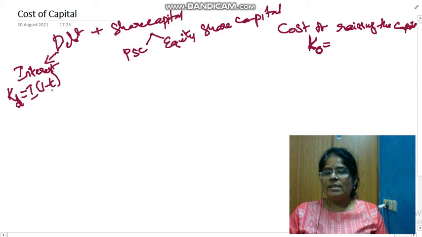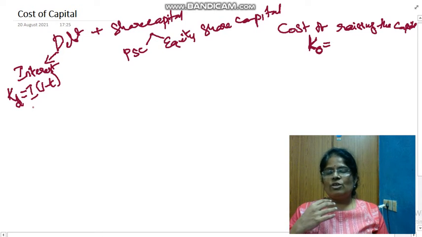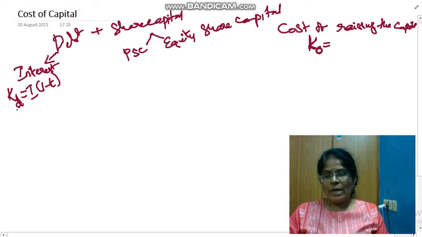Why 1 minus T? If you recollect the previous videos where we discussed the valuation concepts, there we discussed value of the firm, financial leverage and operational leverage. When you are talking about financial leverage, how do you calculate there? EBIT minus interest. Then you are going to deduct the tax.